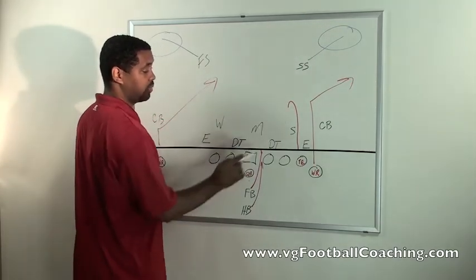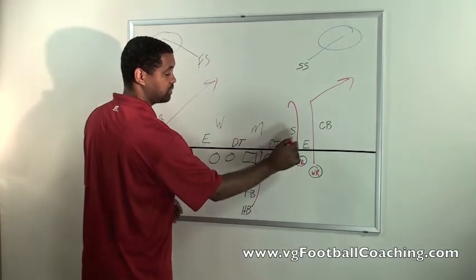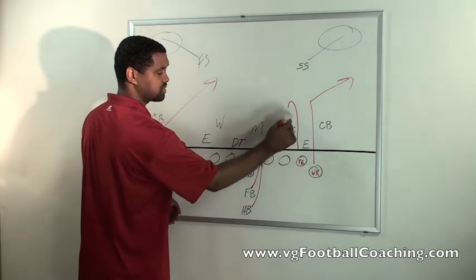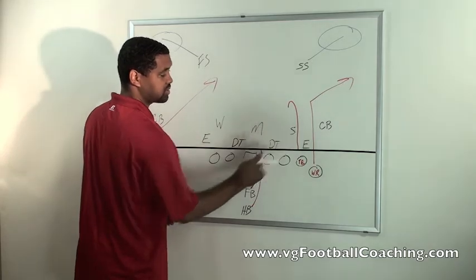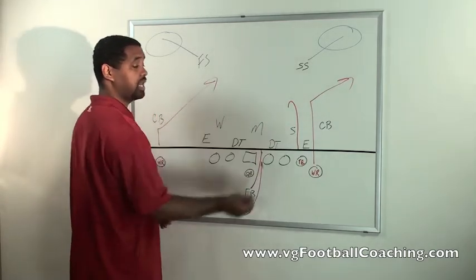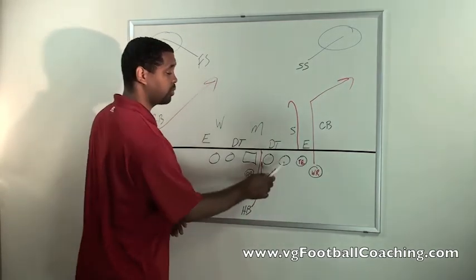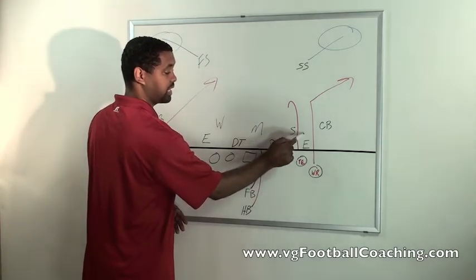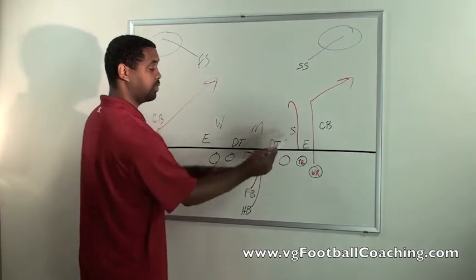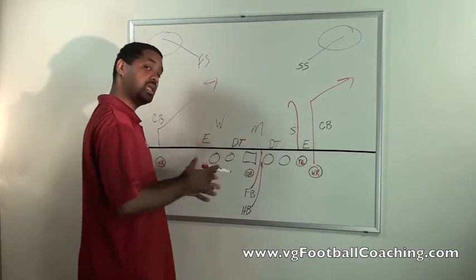But more than likely, we can have our tight end come up against this strong linebacker and try to move him. If the linebacker sets up on the outside of him, make sure he can't get back inside. Or we can try to step out so that we get the linebacker to take a shade out, and then get back inside. We want our tight end to look in right away.